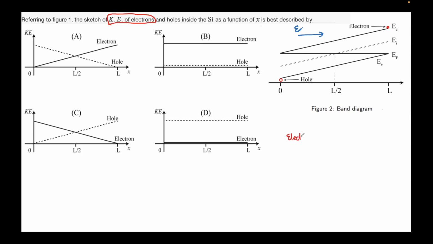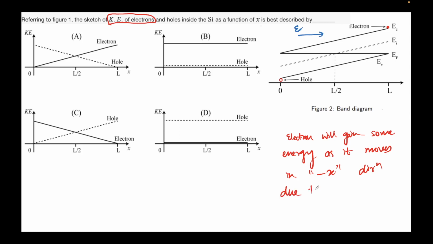So the electron will gain some energy as it moves in the negative x direction due to the built-in electric field.